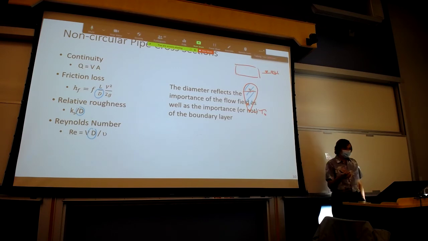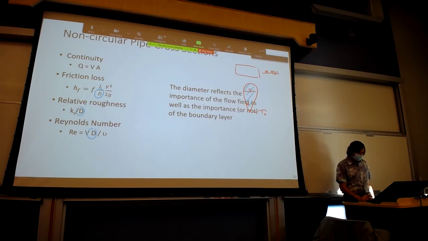And basically, in this case, whether it's circular or non-circular, the diameter that we have reflects the importance of the flow field, for example, in discharge, as well as the importance or lack of importance of the boundary layer. And, for example, relative roughness, ks over D.